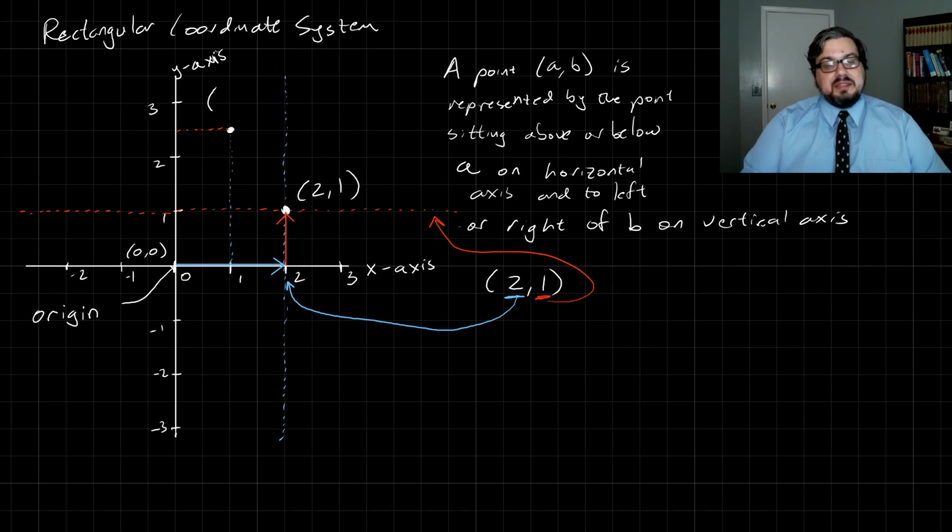So we see that this point lies above the coordinate 1 on the horizontal axis, and that means that its first coordinate is 1. Its x-coordinate, we say, is 1. Its y-coordinate, we see here, looks to be halfway between 2 and 3, and so that's going to be 2.5, but we write that as 5 halves, because improper fractions are much better to work with from an algebraic point of view.